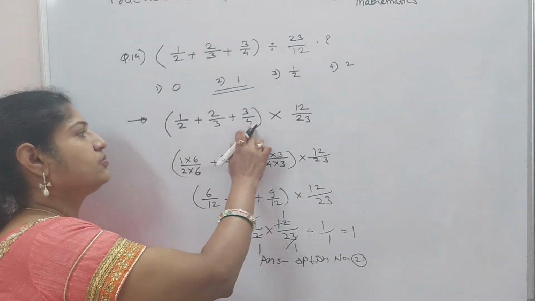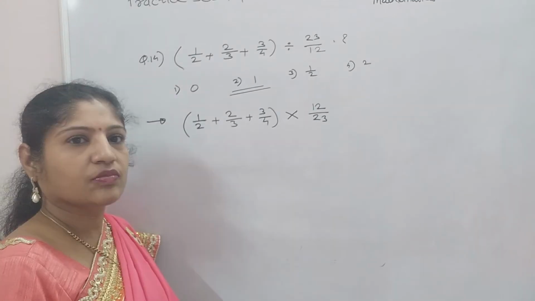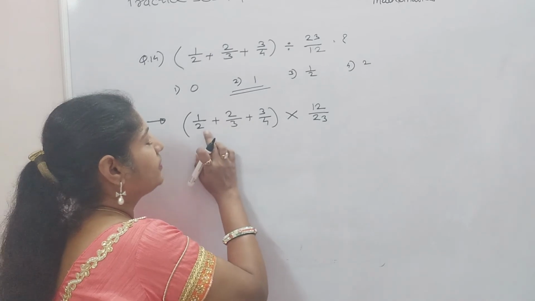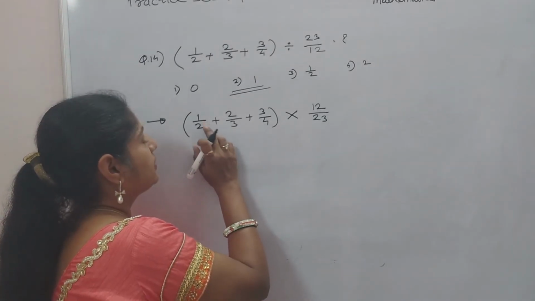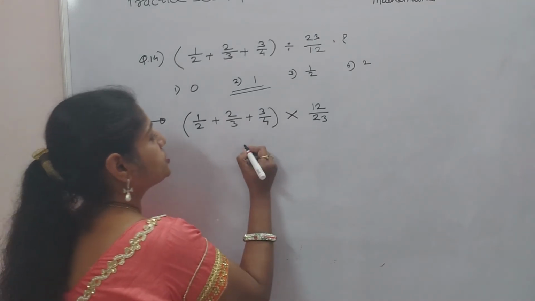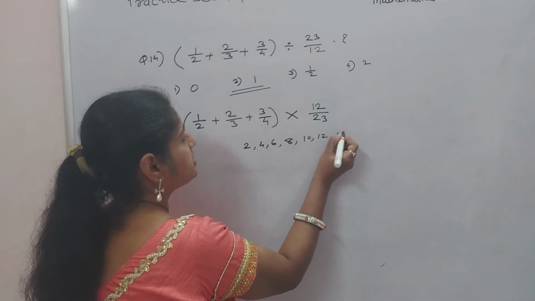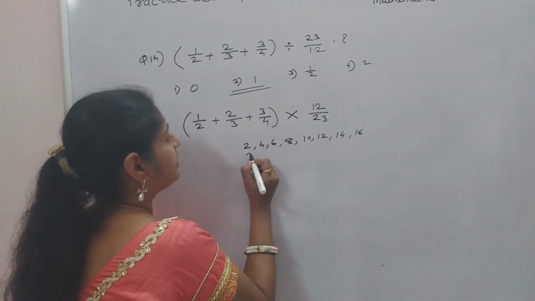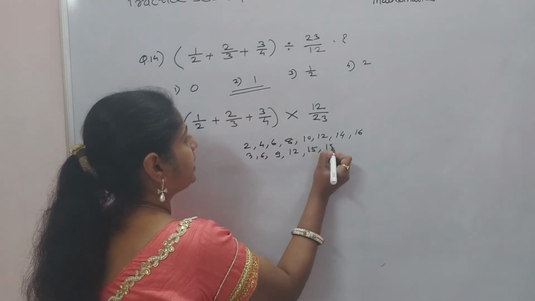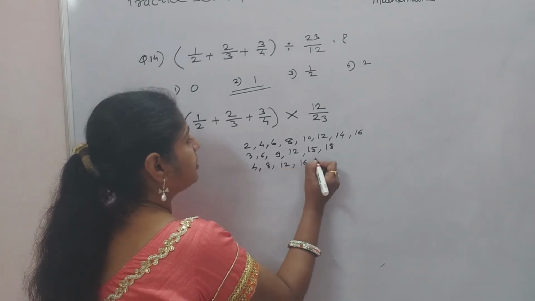We take the LCM of these three numbers, which I said is 12. What is the LCM? The least common multiple. 2's table: 2, 4, 6, 8, 10, 12, 14, 16. 3's table: 3, 6, 9, 12, 15, 18. 4's table: 4, 8, 12, 16, 20.